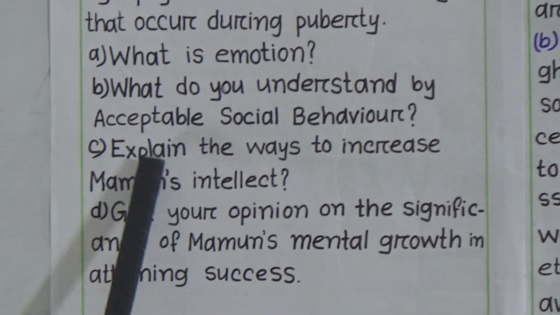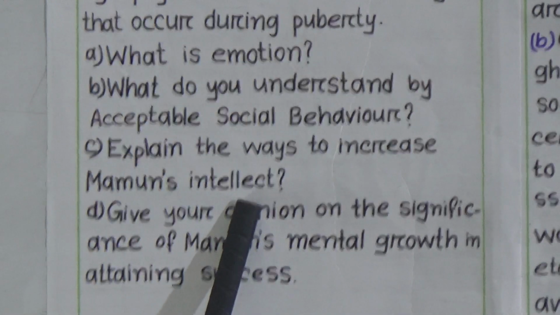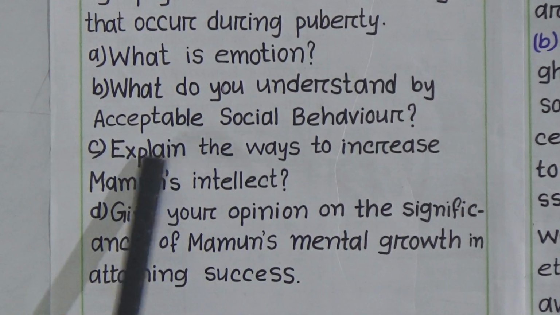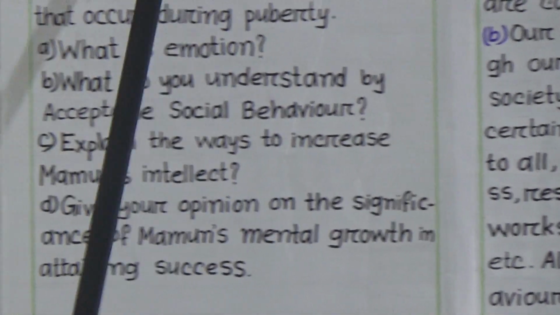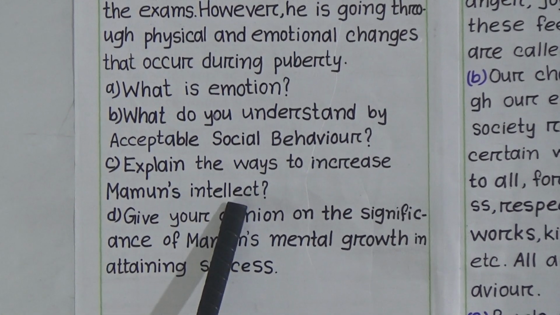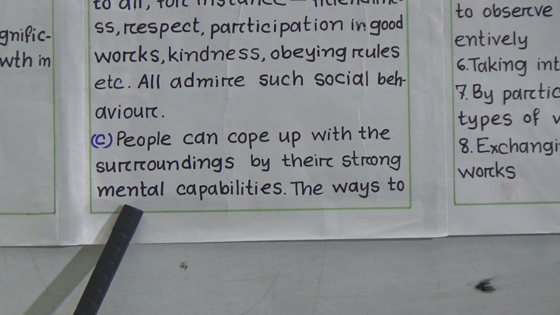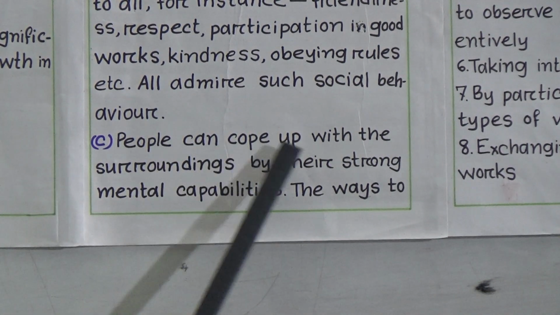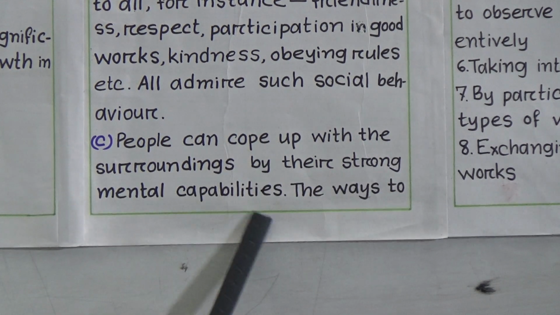Now come to number C. Explain the ways to increase Mamun's intellect. Students, from this stem, you have to write the ways how Mamun can increase or develop his intellect. You can write like this. People can cope with the surroundings by their strong mental capabilities.